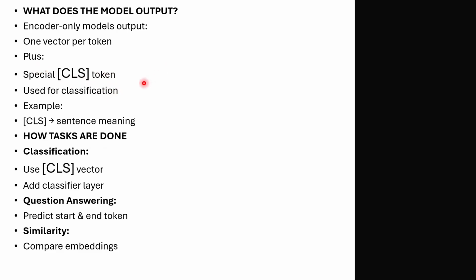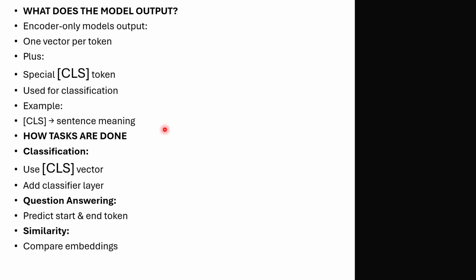If each word has a vector, CLS is like a paragraph summary vector. It shows a full document summary. The CLS vector is the input sentence meaning.